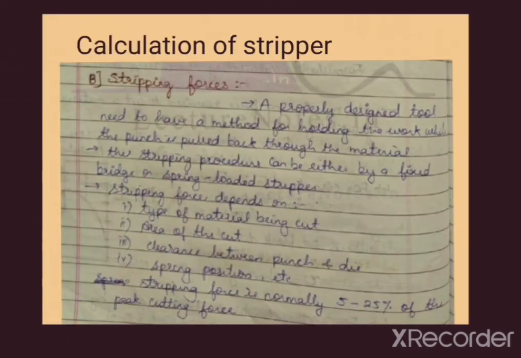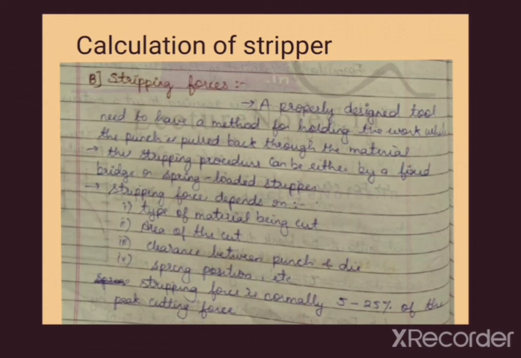Let us discuss strip forces. A properly designed tool needs to have a method for holding the work while the punch is pulled back through the material. The stripping procedure can be either by a fixed stripper or a spring-loaded stripper.